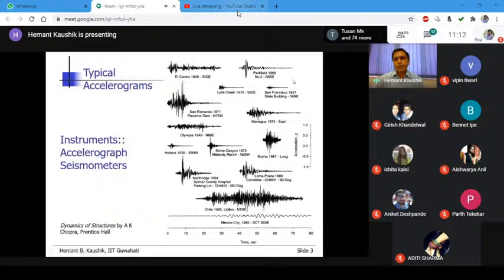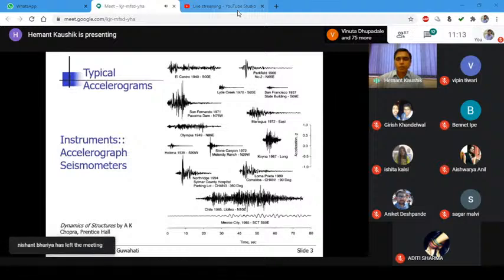You can see here there are several earthquakes. This Parkfield earthquake is absolutely different from this. This is a small earthquake in 1970. San Francisco earthquake, Fernando earthquake, such large earthquakes, but the duration is less here. And this is the Chile earthquake of 1985. This is one of the largest earthquakes ever recorded on the surface of the earth.